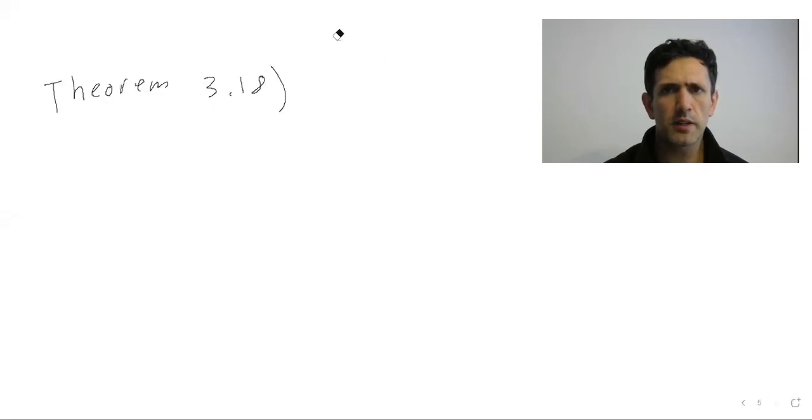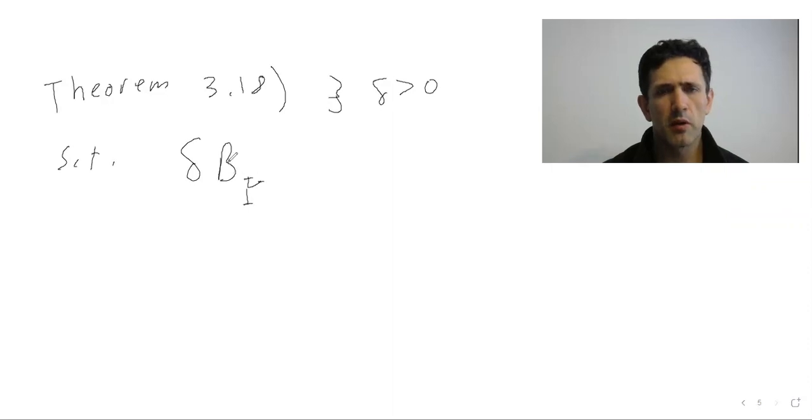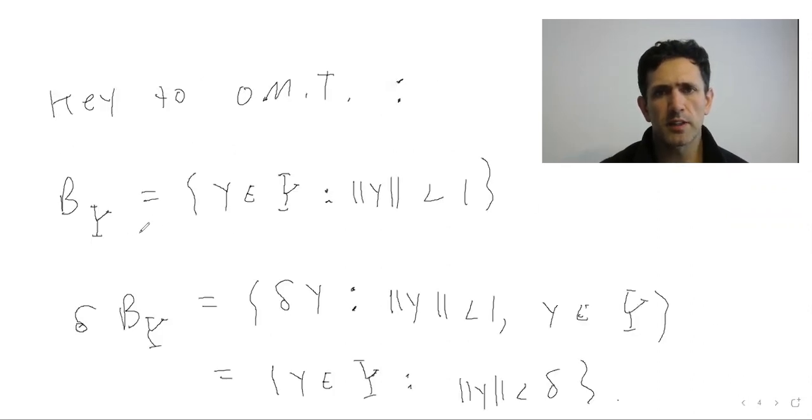This theorem says that there exists a positive delta where delta times this ball here, well, really the ball of radius delta, center 0, is a subset of T of the unit ball in X. The image of the unit ball in X under T. And the unit ball in X is the same thing as this here, just replace big Y with big X. Right?